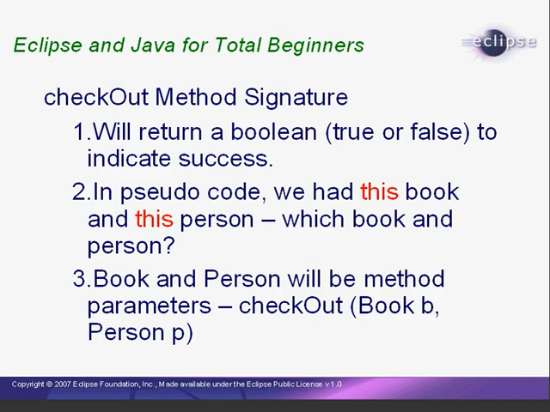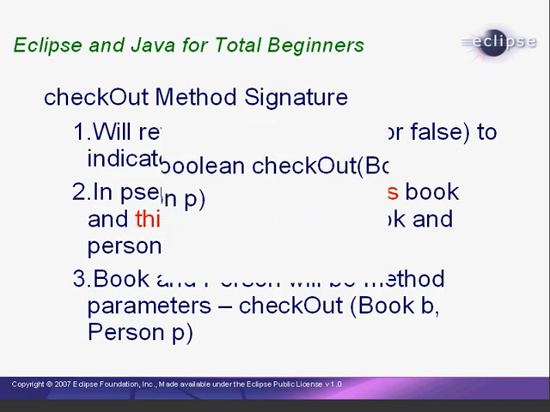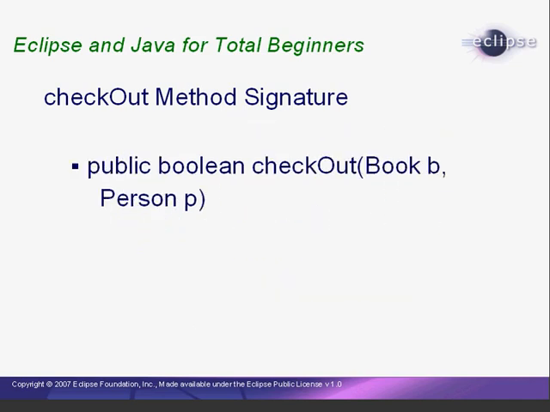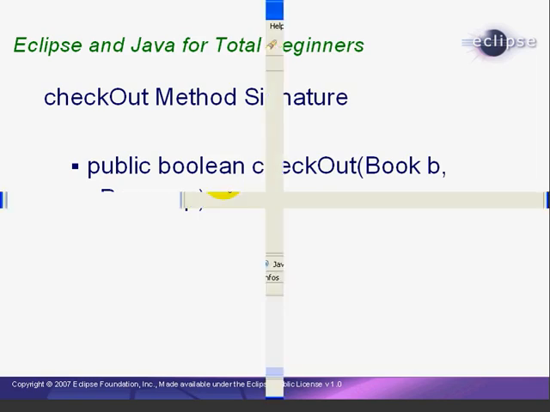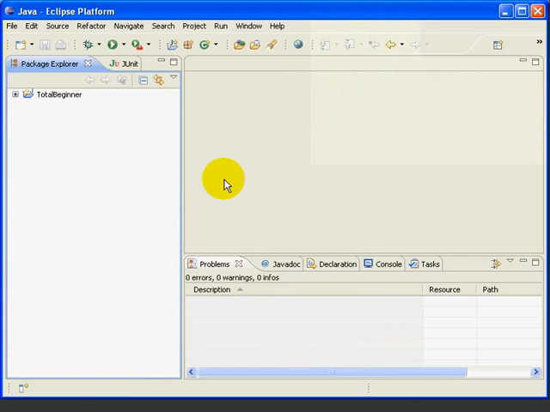Now, we'll also need to know the book and person involved, since we'll be assigning the person to the book. To do this, we need to have book and person as parameters to the method. So now we know the whole method's signature. It's going to return a Boolean, and it's going to take book and person as parameters. With this in mind, we're ready to start our test method.